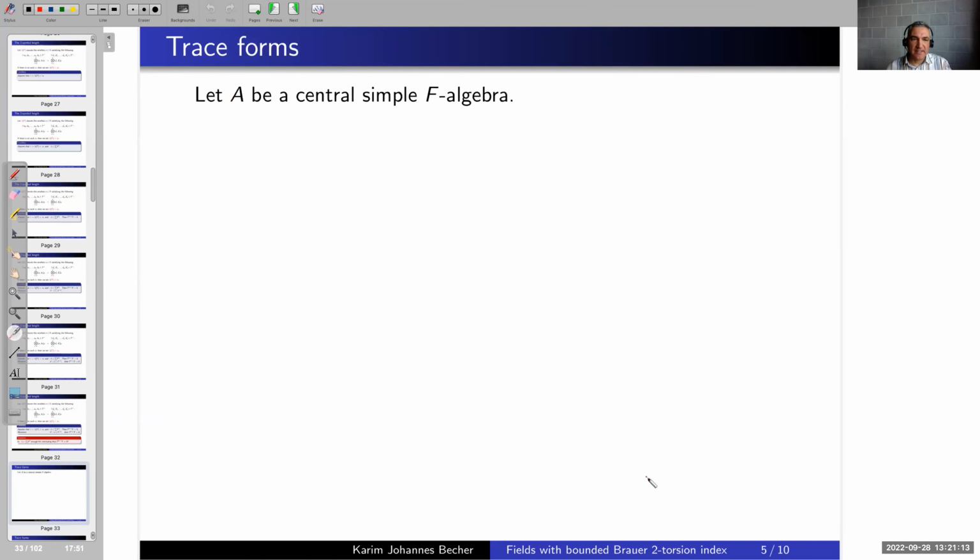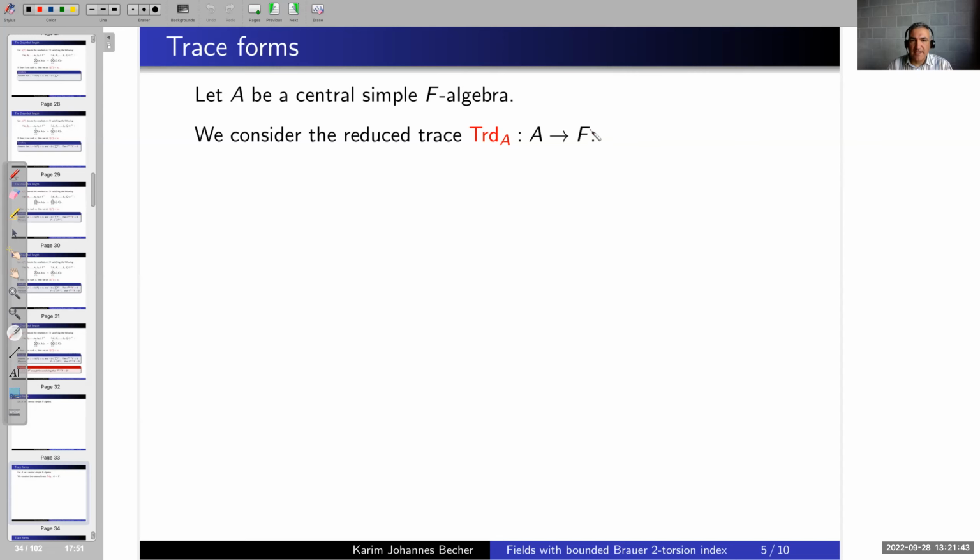So we take a central simple F algebra A, and let me recall to you what the trace form is. It's easy. We have the reduced trace, which is really the trace in the case A is a matrix algebra. If you enlarge the field and make A become a matrix algebra and then take the restriction to the original A from the trace, then you get the reduced trace.